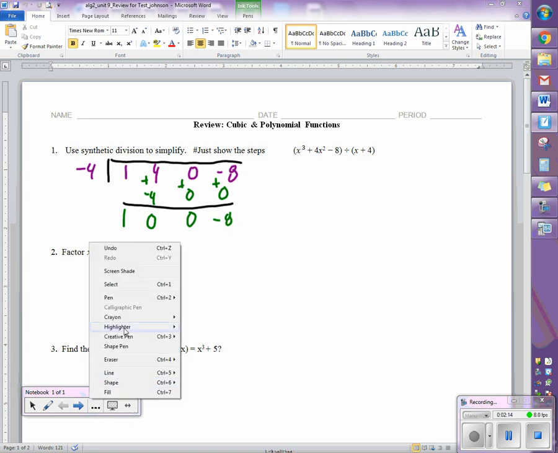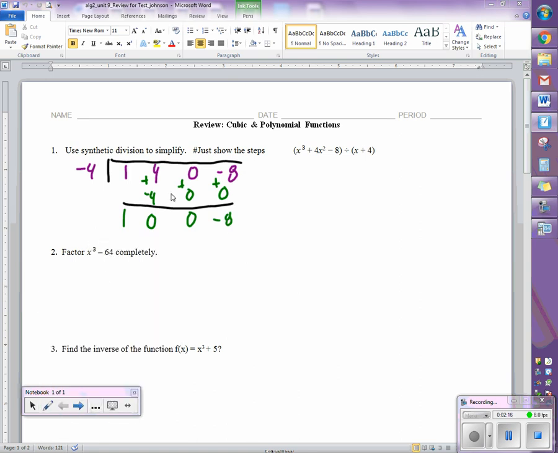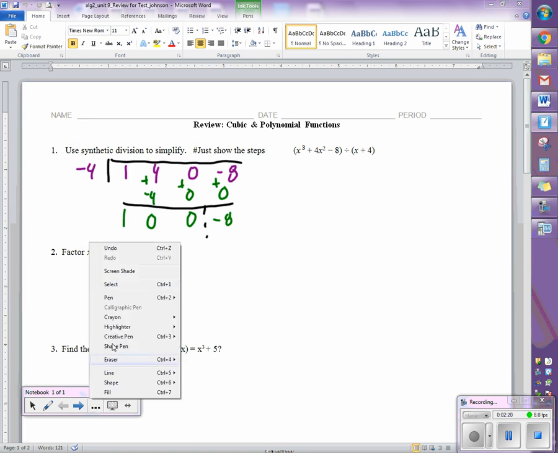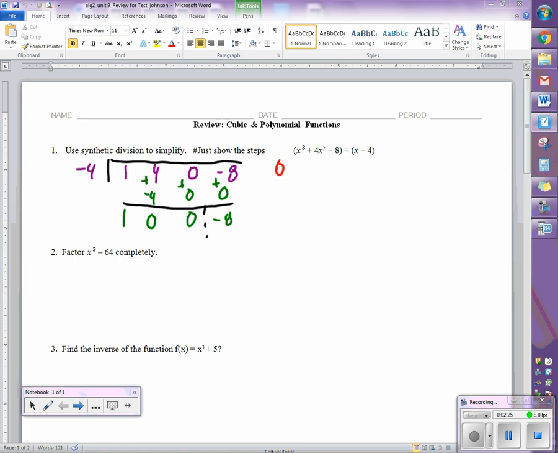Separate the last number from the rest with a dashed line, and then identify your quotient and your remainder. My quotient is simply x squared, because there are no other terms due to the coefficients being 0. My remainder is negative 8.